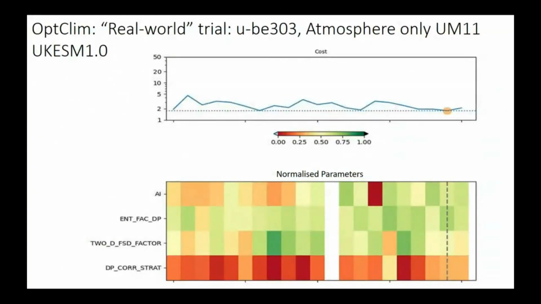An example of a real world trial. Here we had 4 parameters, and used an atmosphere only UM11 version of the UKESM. This wasn't meant to be a test of the efficacy of the methods, but just whether they worked, so we didn't particularly try very hard to choose parameters or to choose the simulated observations.